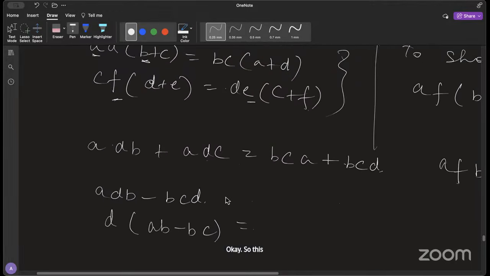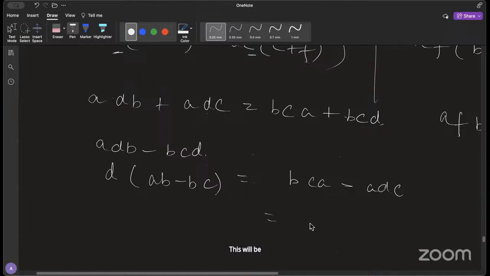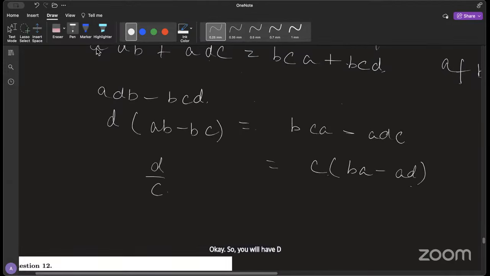So this will be D is equals to BCA plus ADC minus ADC, right? This will be minus ADC. This will give you D common, no, C common. And this will be BA minus AD. Okay. So you will have D by C equal to this thing by AB minus BC.